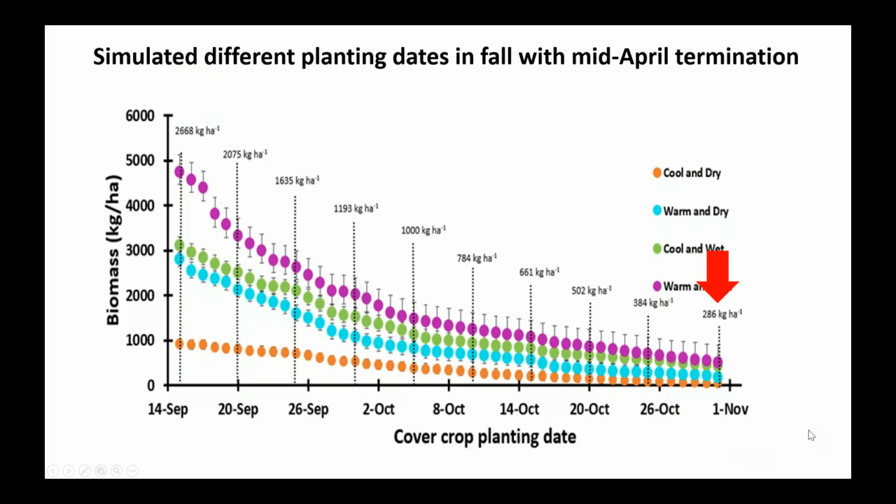And if you go way to the bottom end of this, what you're looking at, if you're waiting until October 31st to plant your cover crop, on average, about 1/10 of the amount of biomass. So you're looking at less than 300 kilograms per hectare, pounds per acre. So pretty big difference there between planting 6 weeks earlier, right?